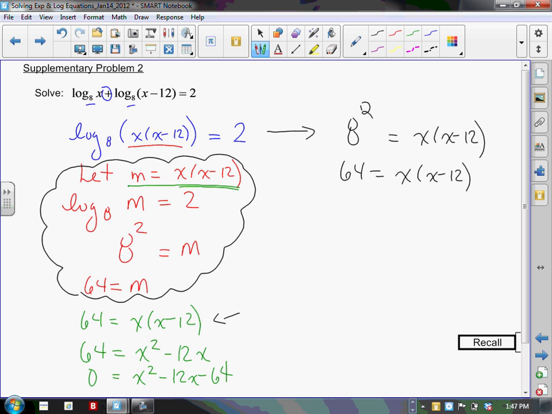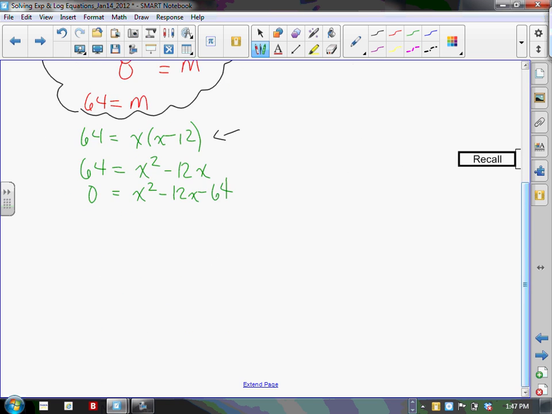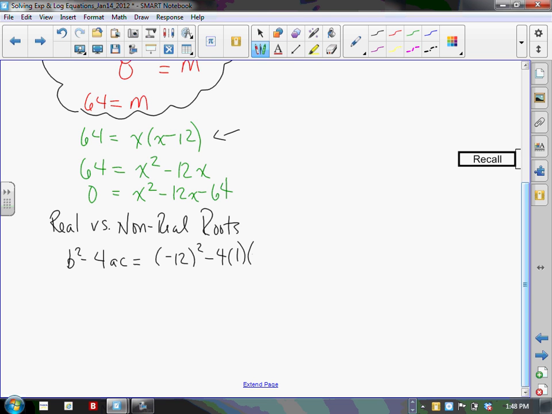So let's go ahead and continue solving this particular equation. What we need to do is to determine the type of roots that we have. So let's look at real versus non-real roots, by determining the discriminant. So b squared minus 4ac is going to be minus 12 squared minus 4 times a times c.